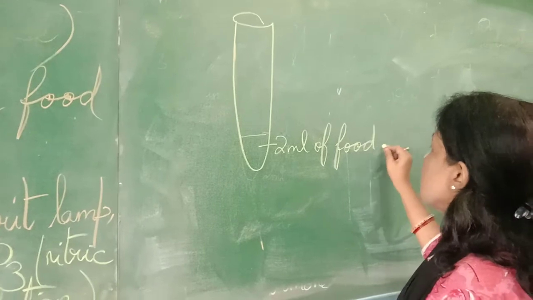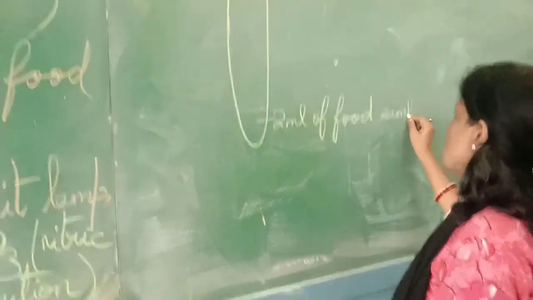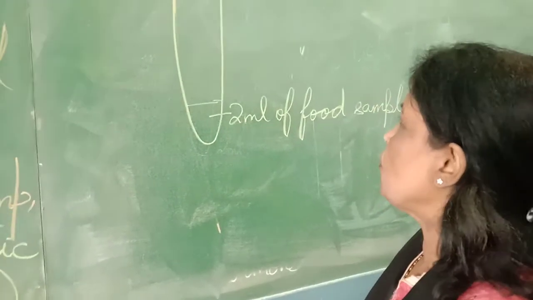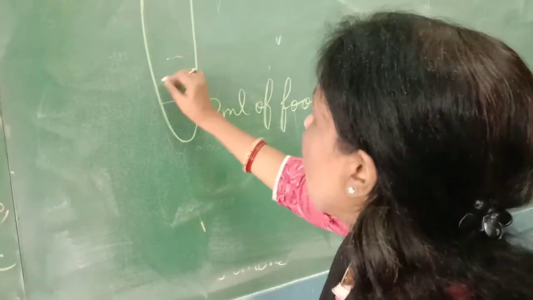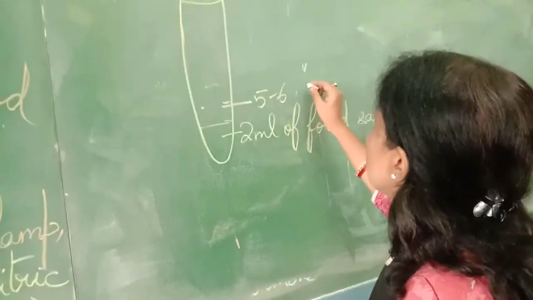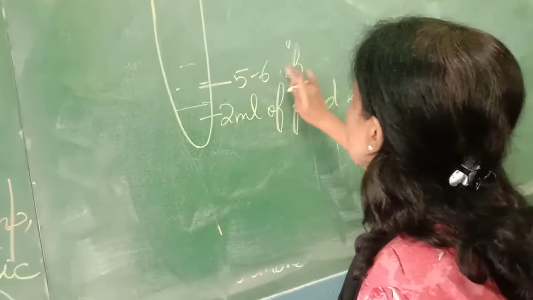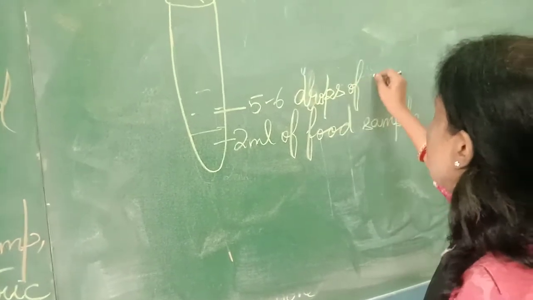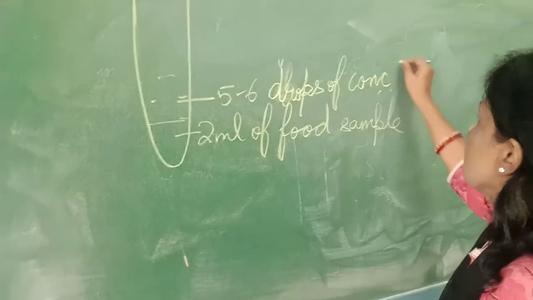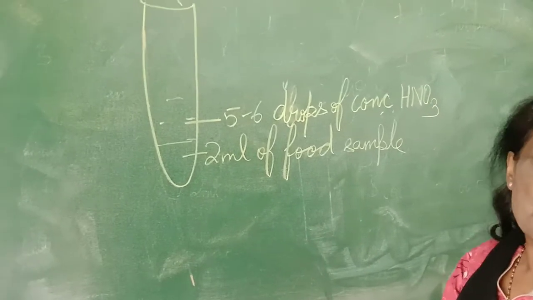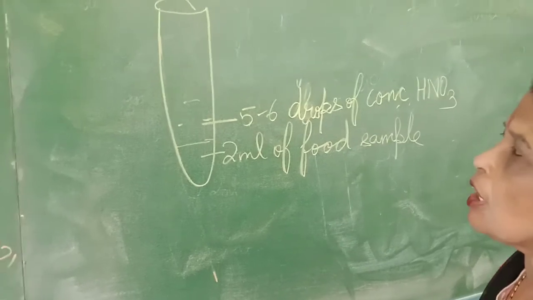For the protein test, you can take crushed pulses in powdered form, or the food sample in solution form. Then you add 5 to 6 drops of concentrated nitric acid. Now you find the precipitate changing to yellow color.